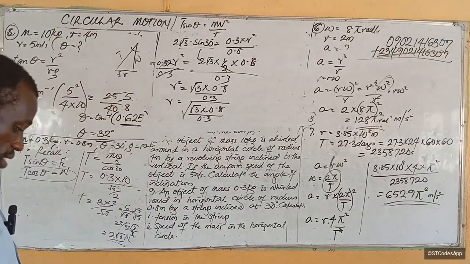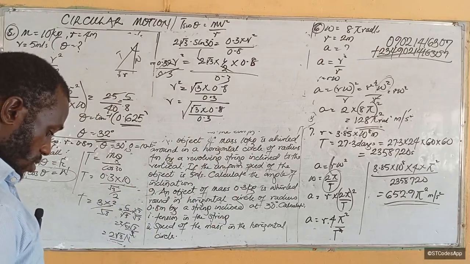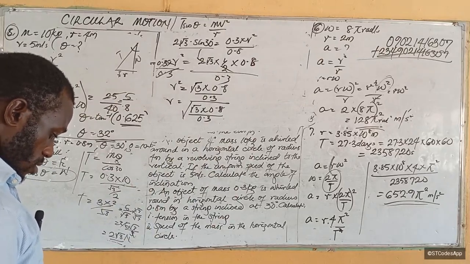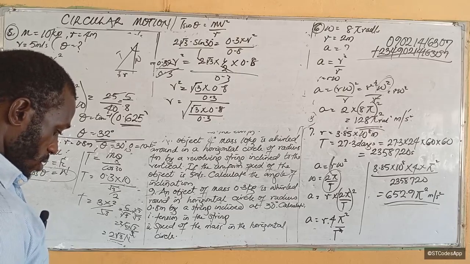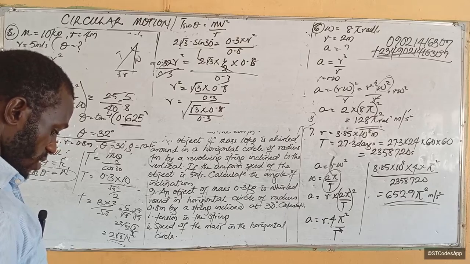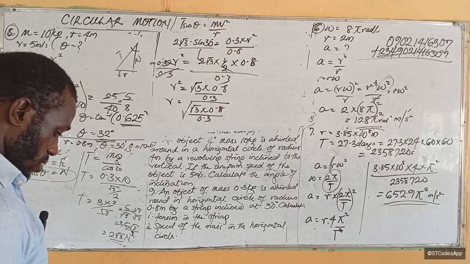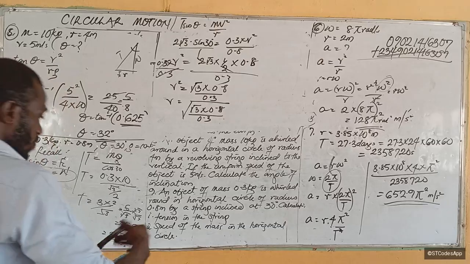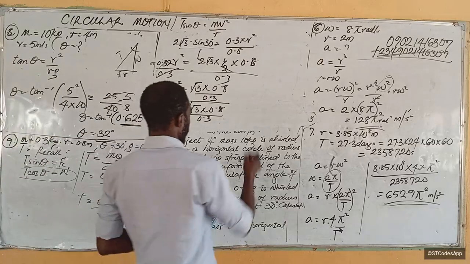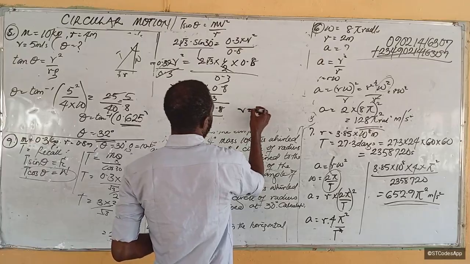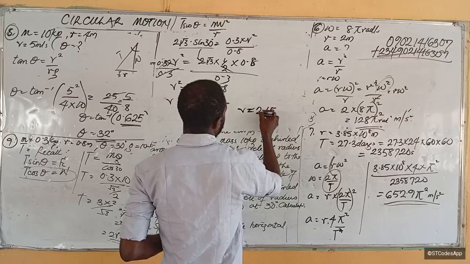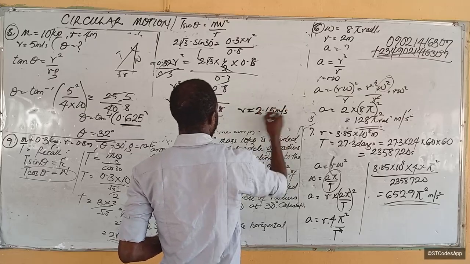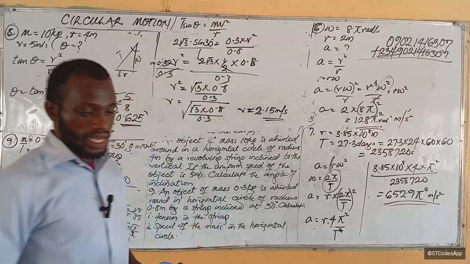Root 3 times 0.8, then divide by 0.3, and square root of this is 2.149. So that will be 2.15. So v is approximately 2.15 meters per second. So that will be the answer.